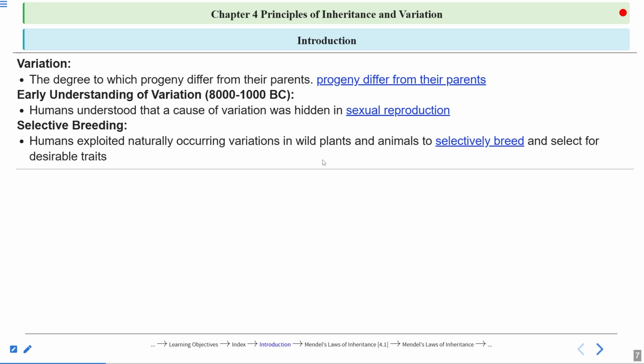Okay. So humans were doing all of these activities for their own benefit, because they wanted plants with high yield, plants with high vigor, plants which should have stress tolerance, and animals such as cows which can produce more milk.